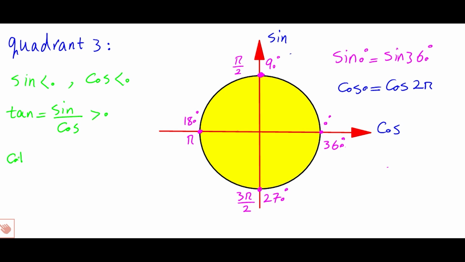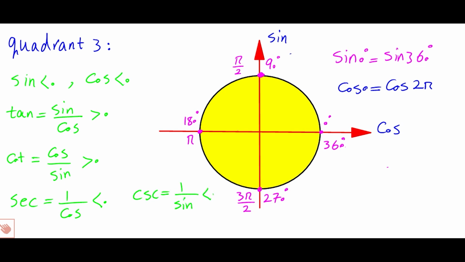So cotangent is equal to cosine divided by sine, which is positive. Secant is equal to 1 over cosine, which is negative, and cosecant is equal to 1 divided by sine, which is negative.